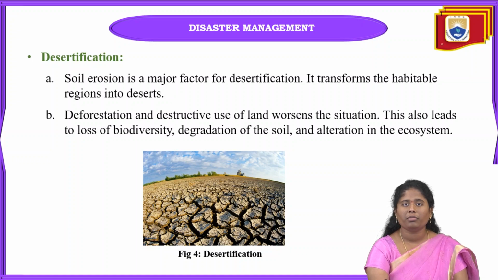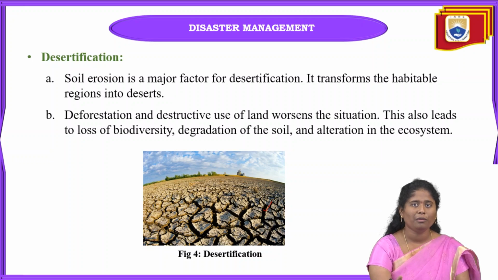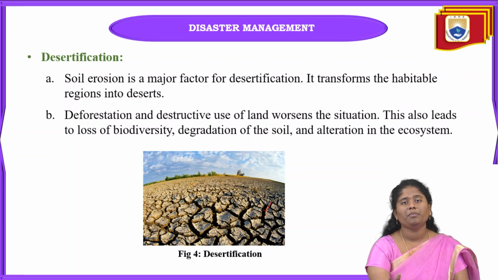When that is removed, soil erosion occurs, and this can directly cause desertification. It transforms habitable regions into deserts. Here you can see the picture: an agricultural field that, because of soil erosion, can convert into a desert-like region. So desertification is one of the main factors of soil erosion.